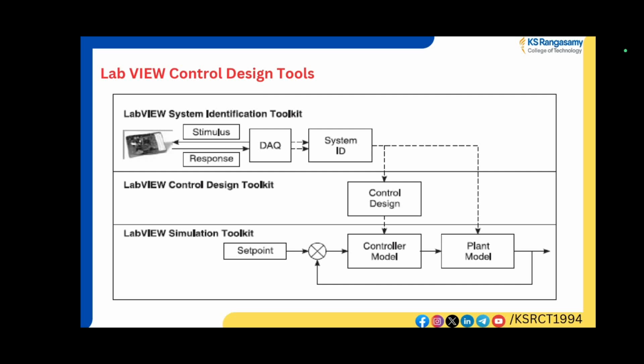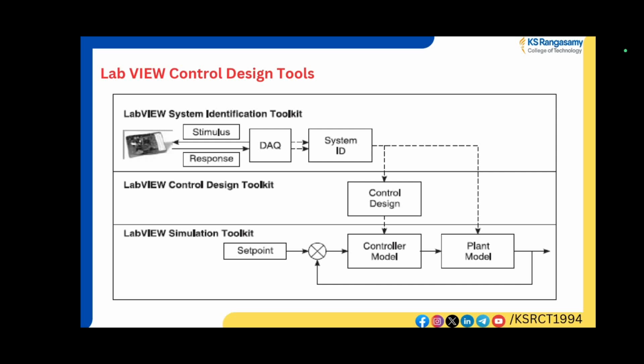Everything is mainly used to perform the control applications, because we have different types of controls. Plant systems are the control systems, so based on the application we have to select our control design tools.